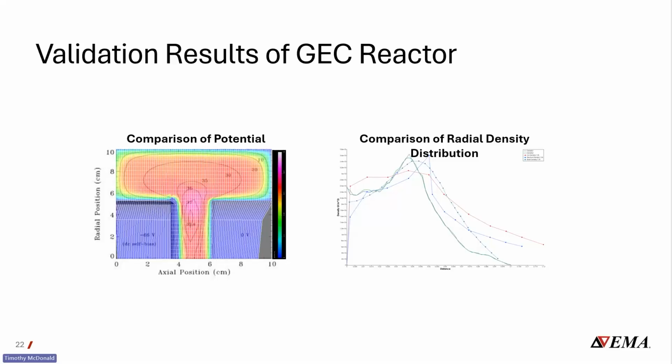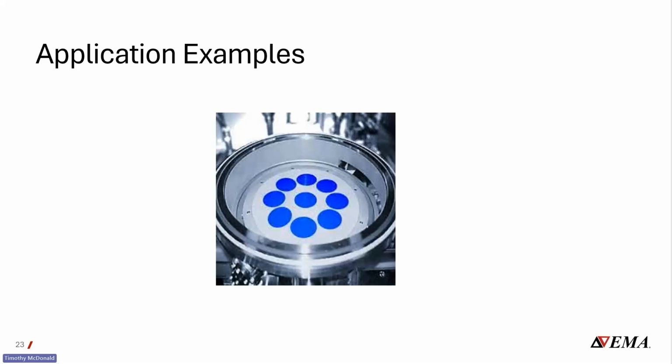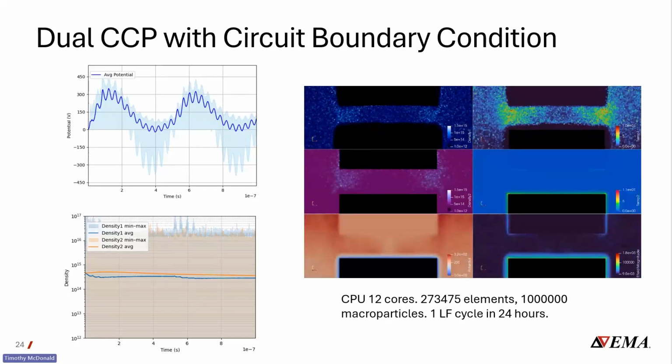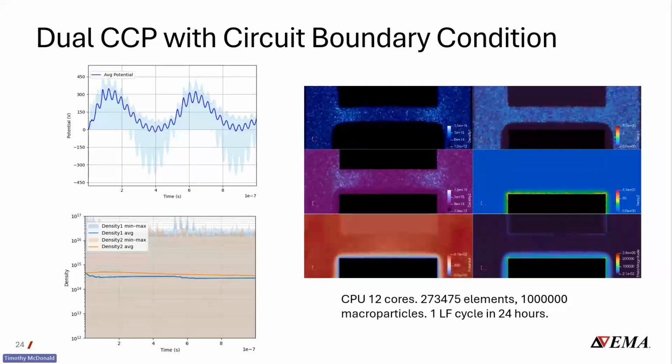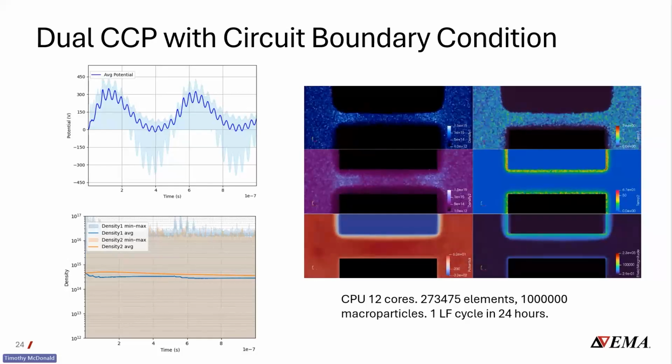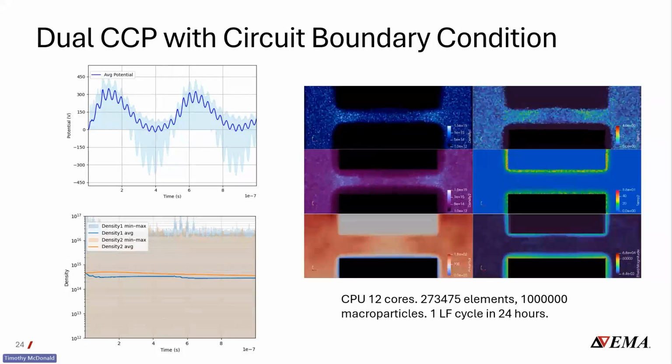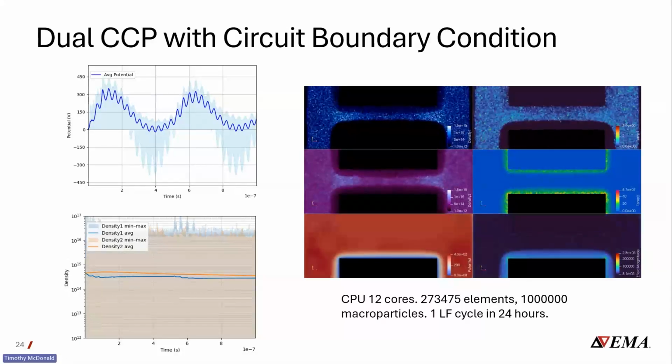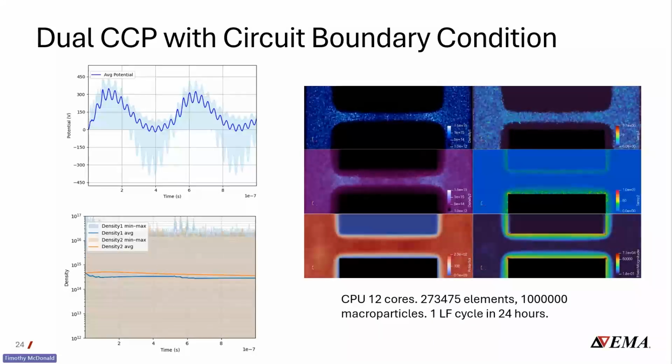Okay, we can do the GEC cell, but what about real-world application examples that are more like an actual industrial reactor? So let's talk about that. Here we have this user demo. You can download this user demo and try it yourself. This is a dual capacitively coupled plasma, dual CCP, using our circuit boundary condition option.